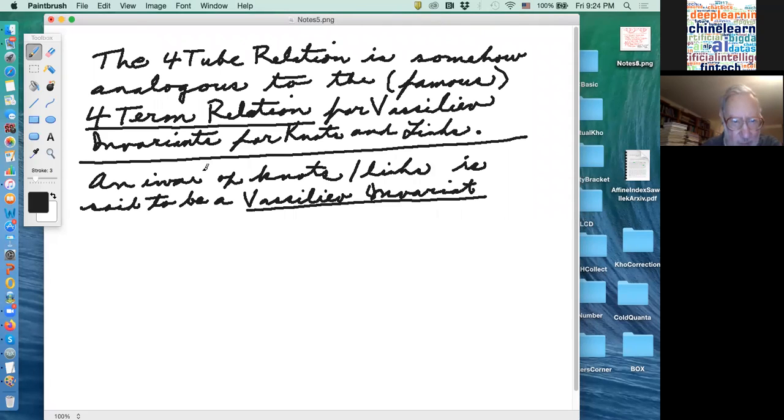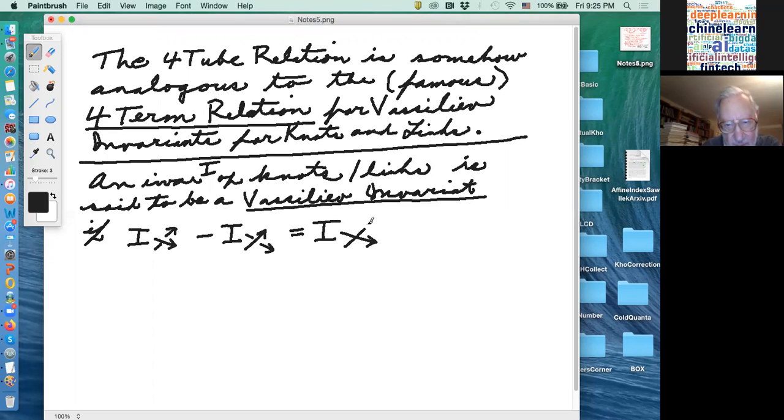Let's call our invariant I. If I applied to a diagram with a positive crossing minus I applied to a diagram with a negative crossing is equal to I applied to a diagram with a singular crossing.